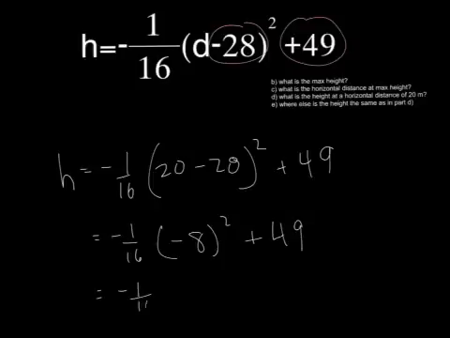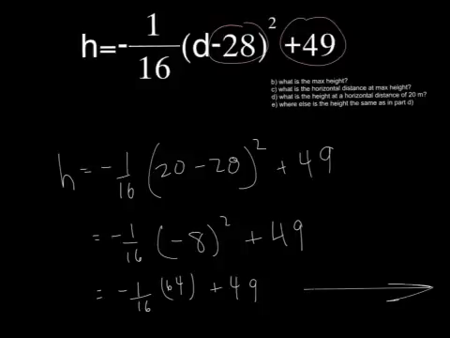Negative 1 over 16. Negative 8 squared is 64, so let's just write it as 64, plus 49. I'm just going to move on and continue this work onto our next slide.